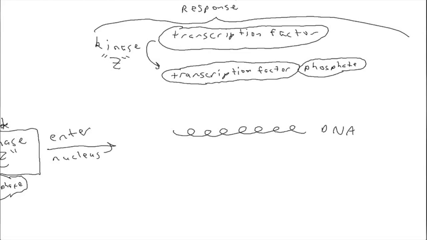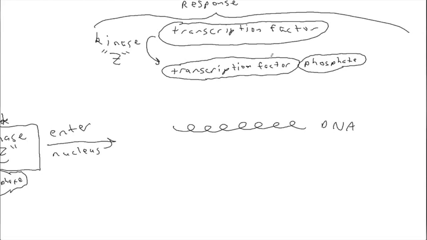Remember the three stages were reception, transduction, and response. So now we're at the end. We're going to have the response. This phosphate group is going to activate the transcription factor. So I'll put a star here to show that this is now activated. And what is the transcription factor now going to do?